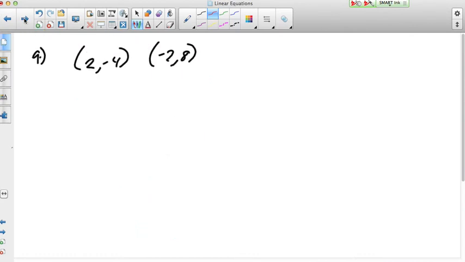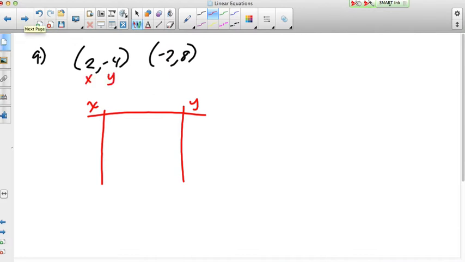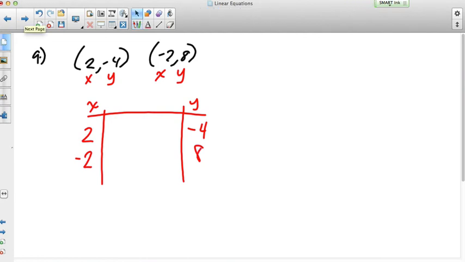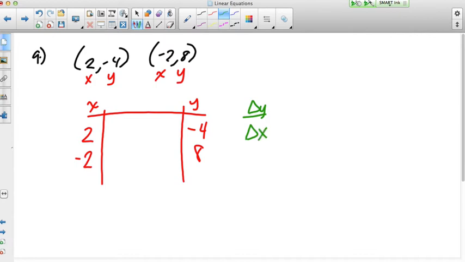Number 9 says, which of the following is the equation of the line that passes through the point 2, negative 4, and negative 2, 8? I would make a table, and I would put this first point in the table, so I have 2, negative 4. Then I would put this second point in the table, so I would put negative 2 and 8. Then I want to find the change in y over the change in x, or my slope.